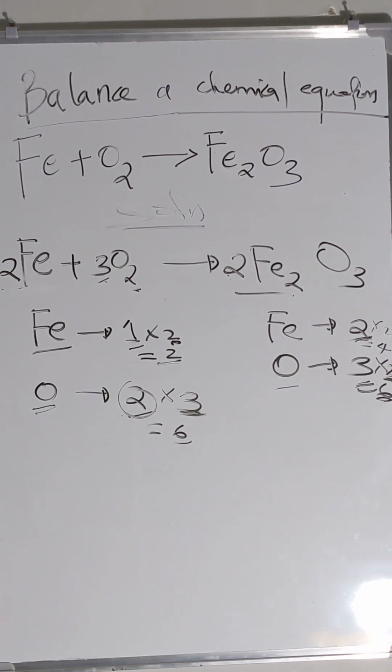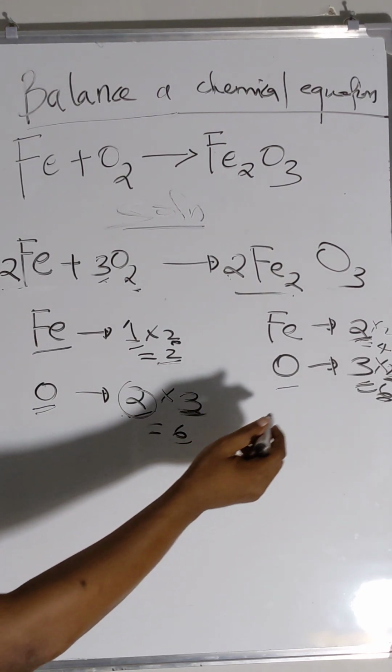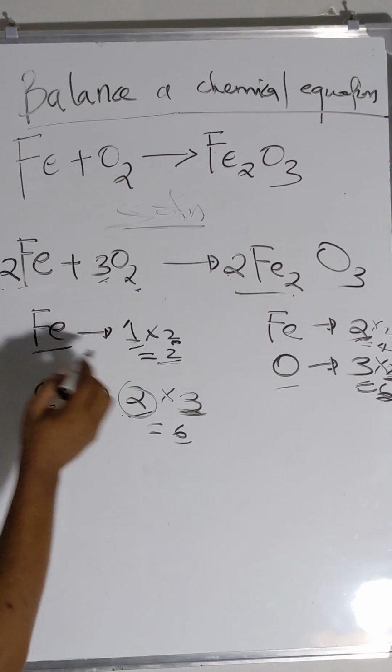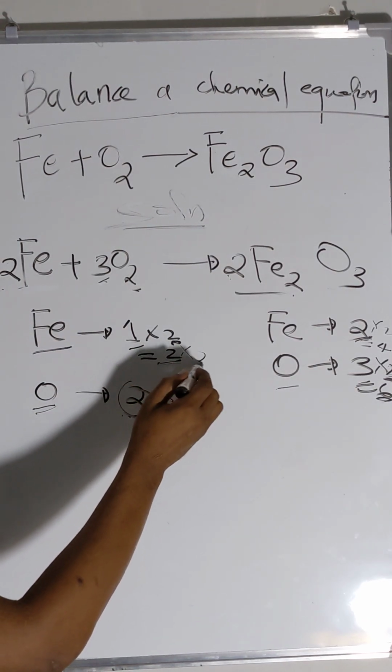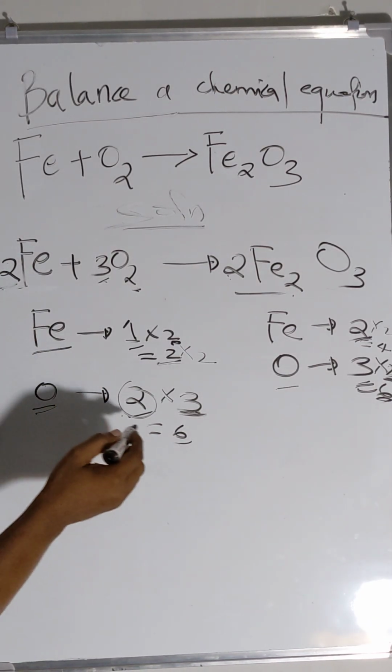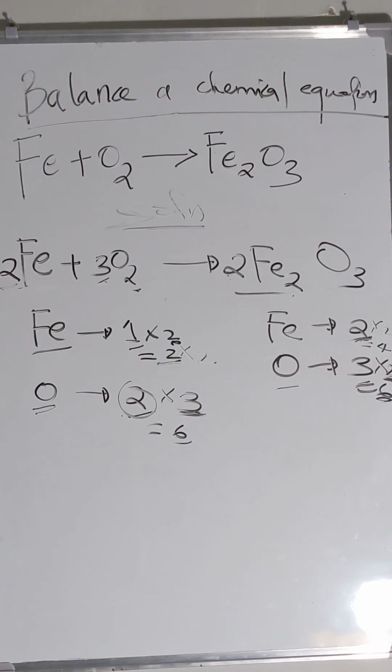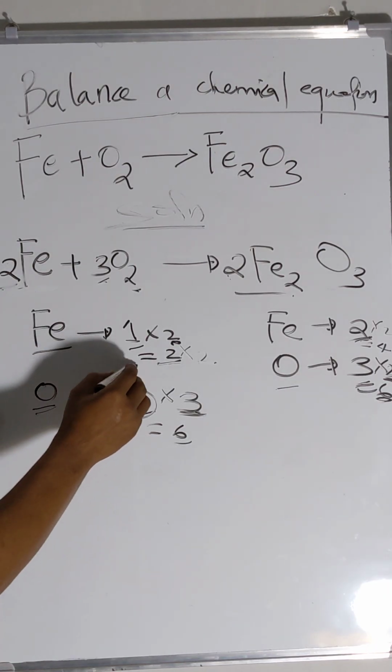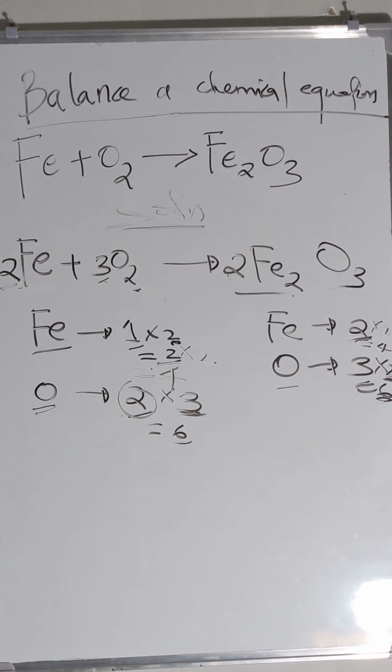Okay, so what do we do? If we have 4, that means to get a 4, we times it by 2. So previously we have 2. Now if we times 2 by 2, we get 4. Alright?